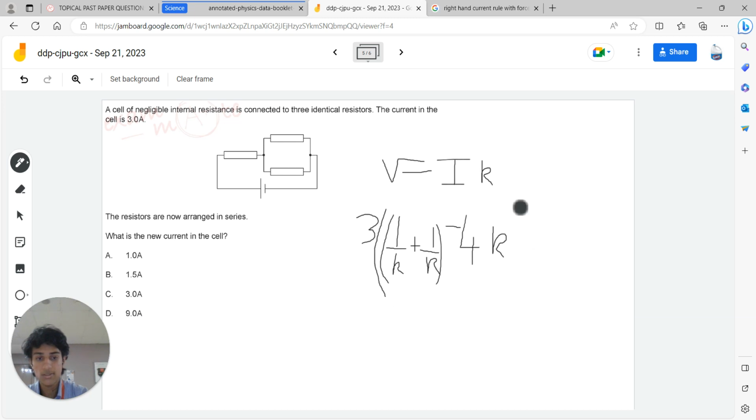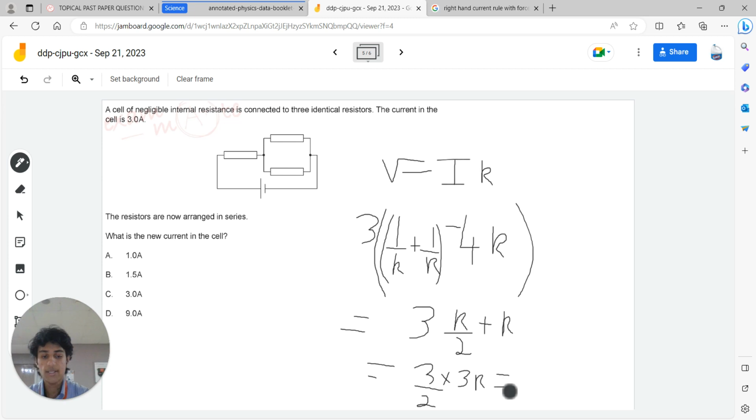So we can multiply all this by 3. If you do this, you would get 3 times R by 2 plus R. So that would be 3 by 2 times 3R.